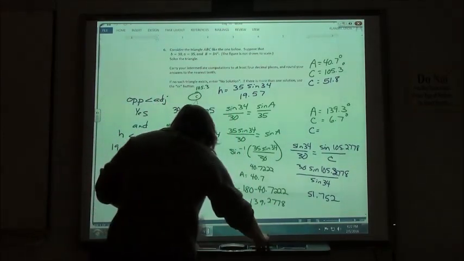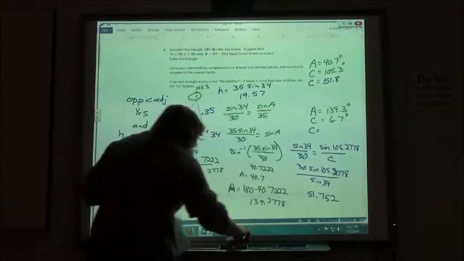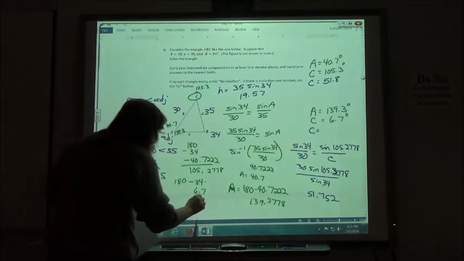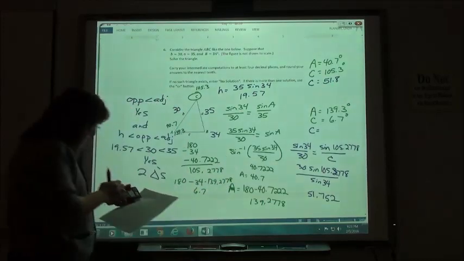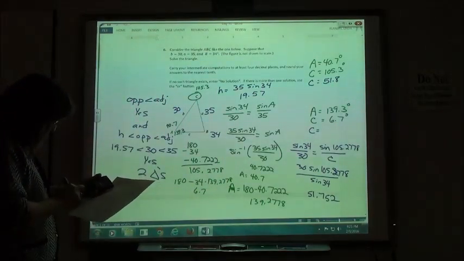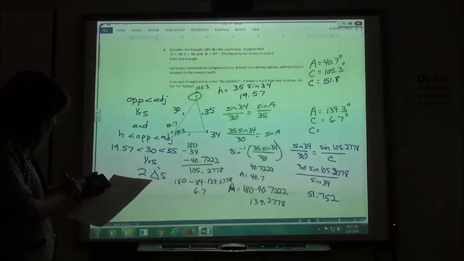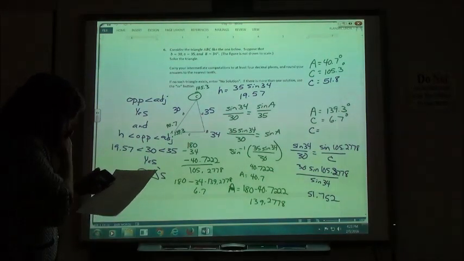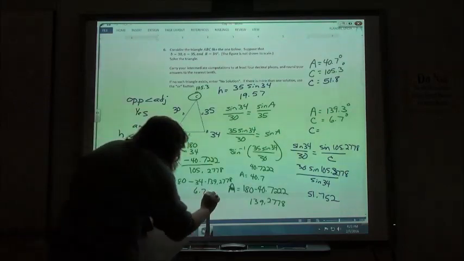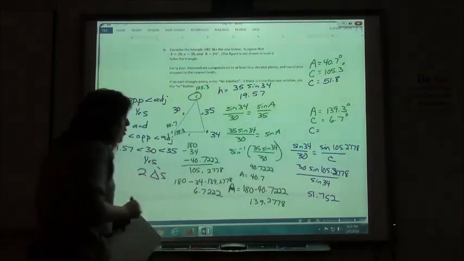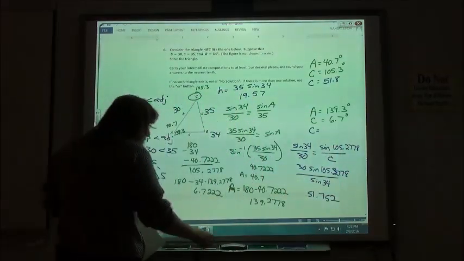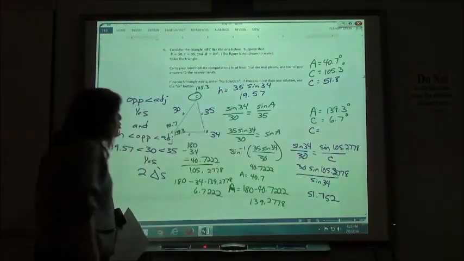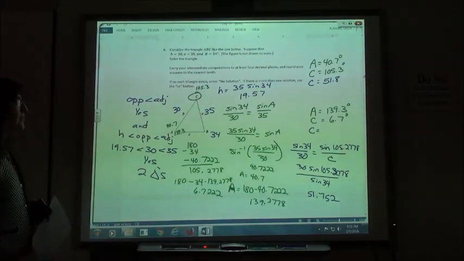So over here, I would have used 139.2778. And so 180 minus 34 minus 139.2778 gives me 6.7222. So when I do my law of sines, like I did over here, I'm going to use the 6.7222 and make sure I carry it to 4 decimal places.